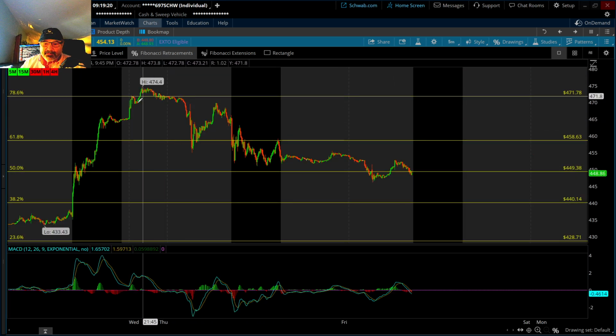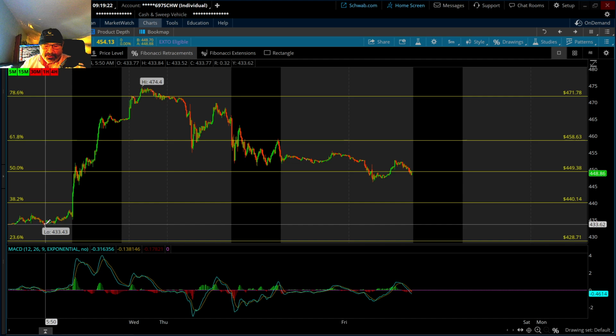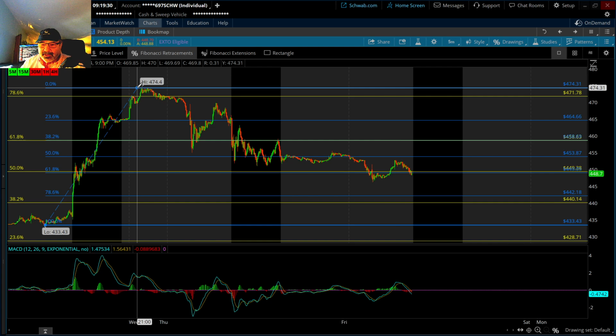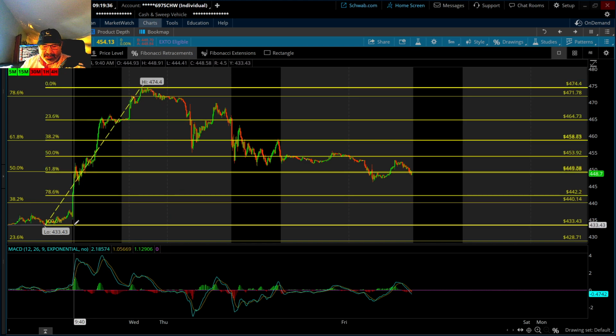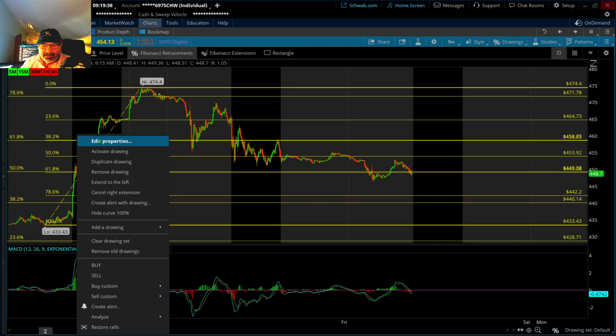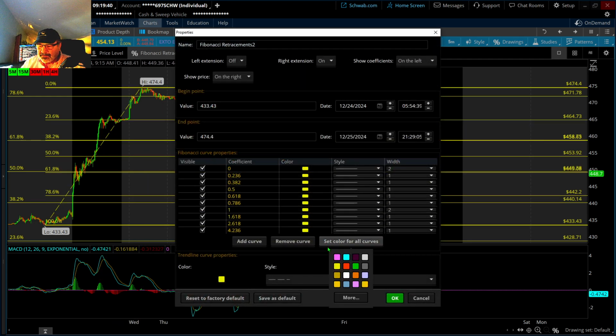So we'll go ahead and mark those fibs again, and the low down here is 433.43. And we'll click it up here to 474.40. And we're going to make those a different color so we don't get confused about which are the sooner Fibonacci levels.